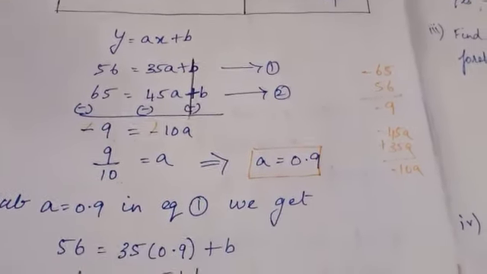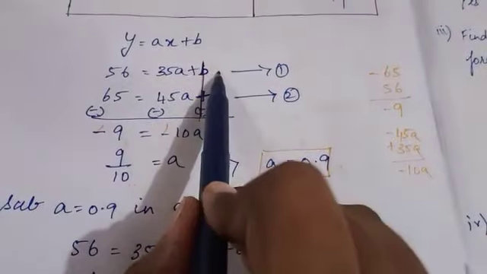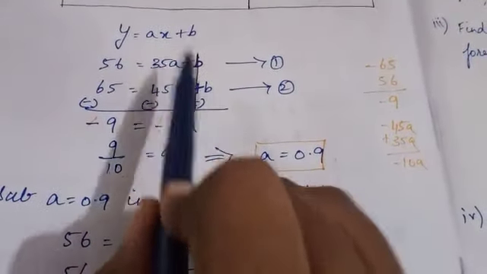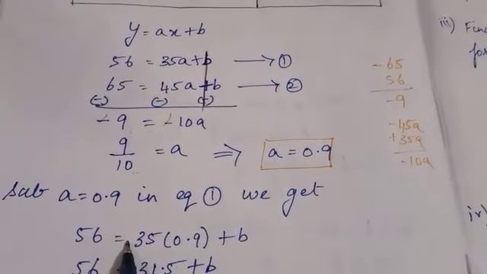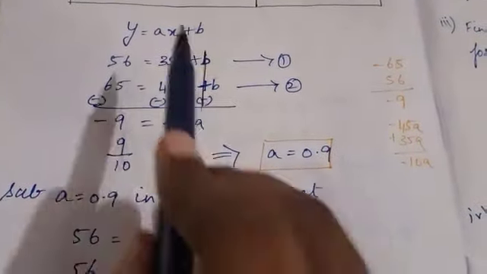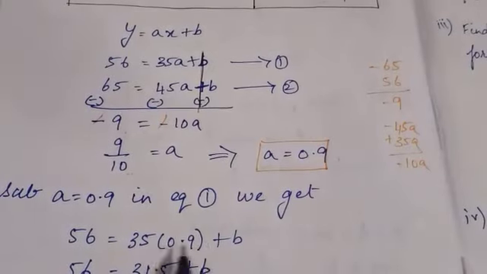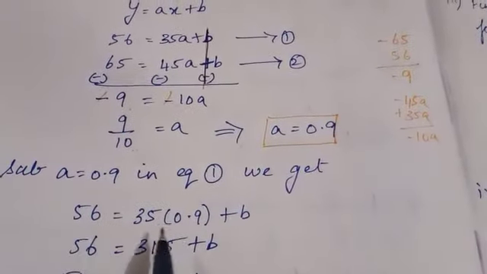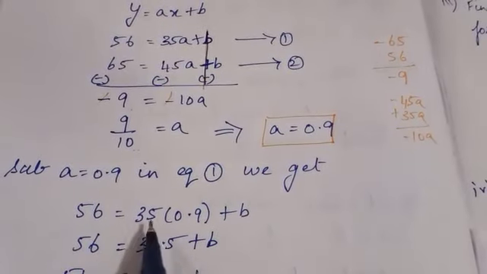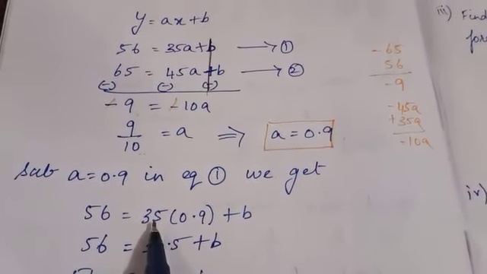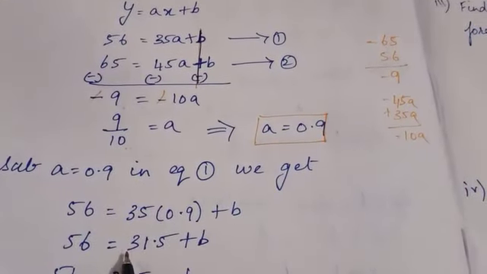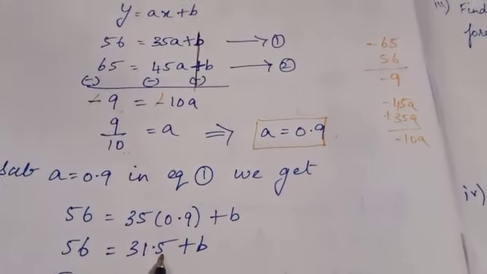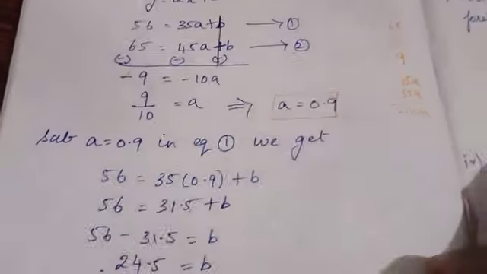This is our equation 1. In the place of a, we are going to substitute 0.9. So 56 is equal to 35 into 0.9 plus b. Multiplying 35 and 0.9, the answer is 31.5 plus b.